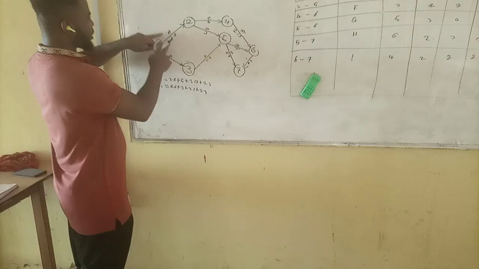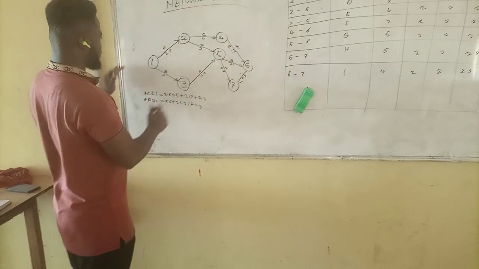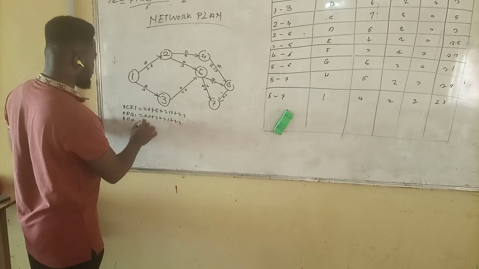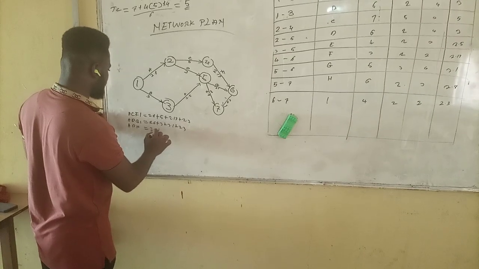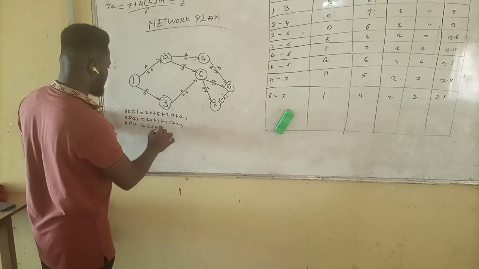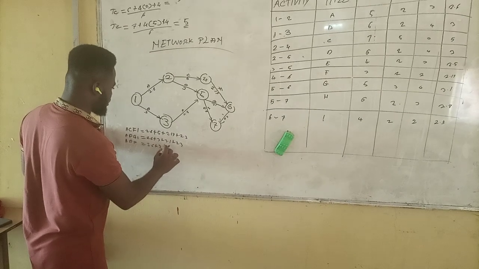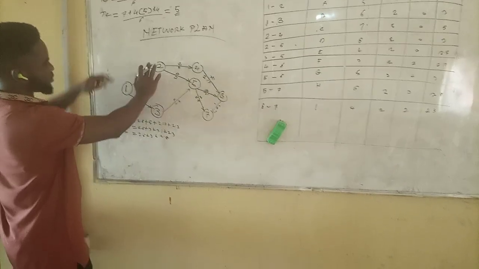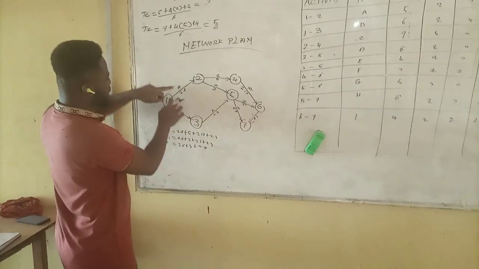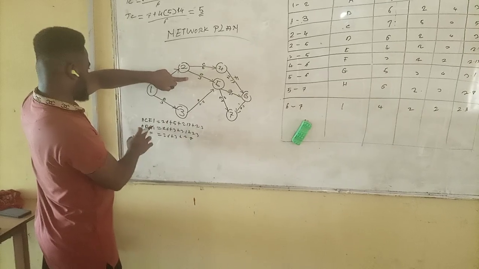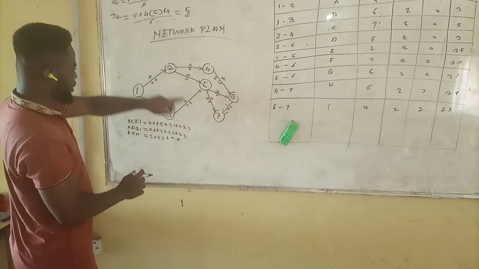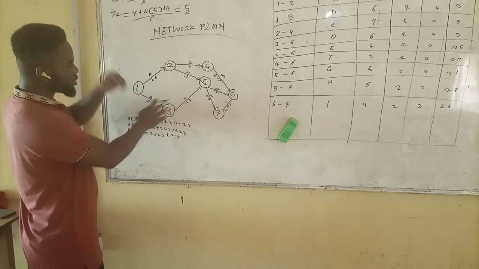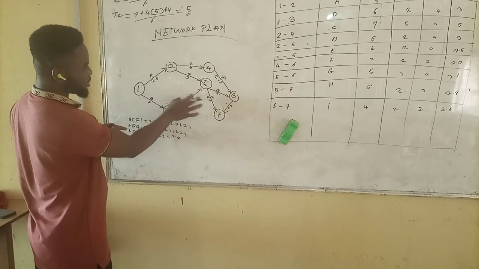Another route here is ADH, which is 2.6 plus 3 plus 2.8. Another one here is BEH.